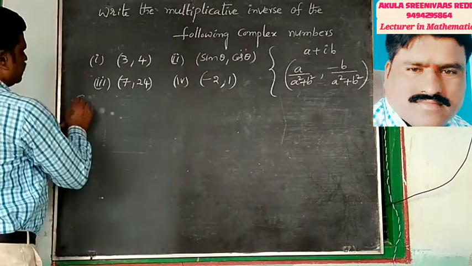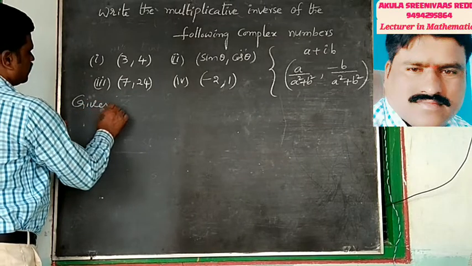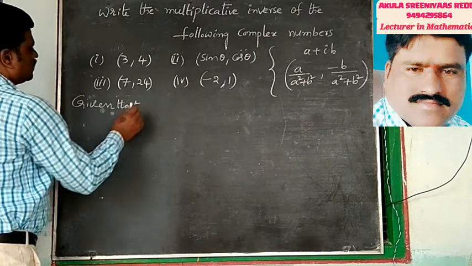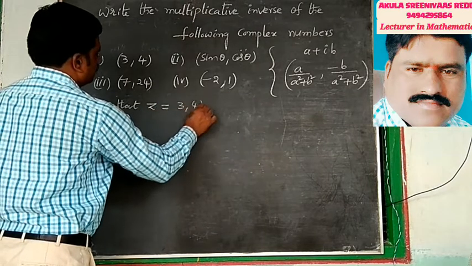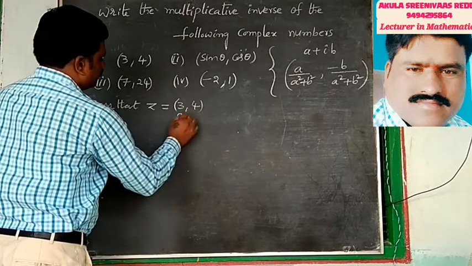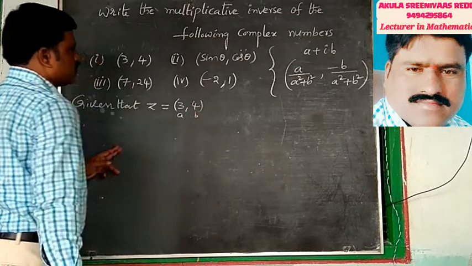Given that z is equal to 3, 4. This is a and this one is b.